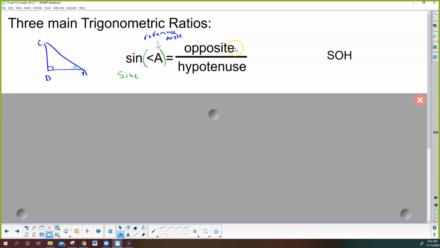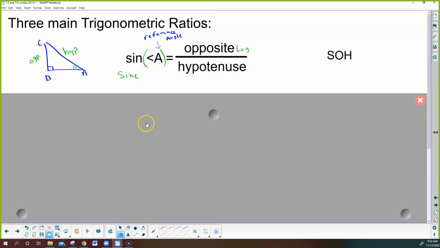So I'm going to compare the ratio of the opposite leg, so here's the opposite, to the hypotenuse. So if I pick the side length CB over the side length CA, that is going to give me what we're going to refer to as the sine ratio.